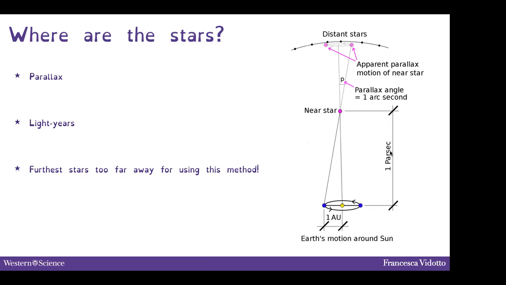So, this is one more way in which you use the parallax and you use the unit of movement to talk about the distance of the stars. Again, as I was saying, this technique is available only for stars that are close to us. So we need something else to talk about stars that are even more far away.